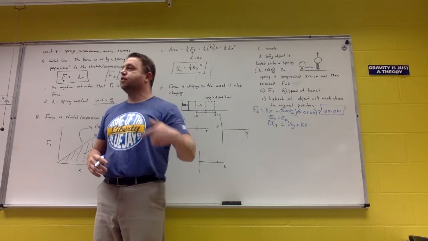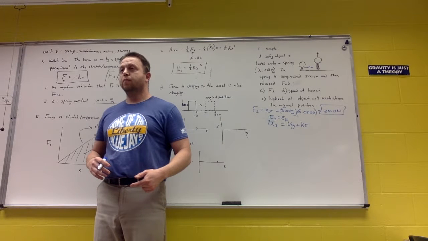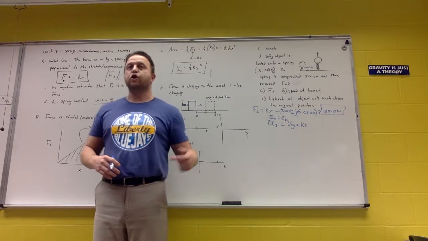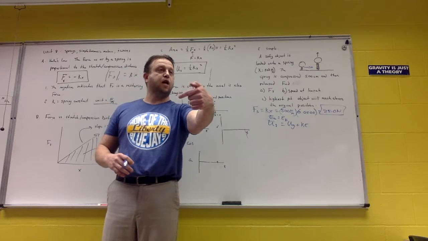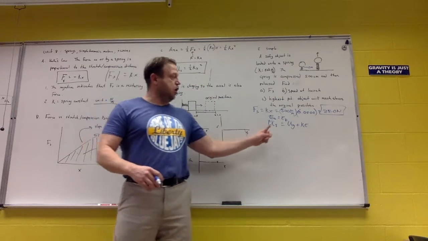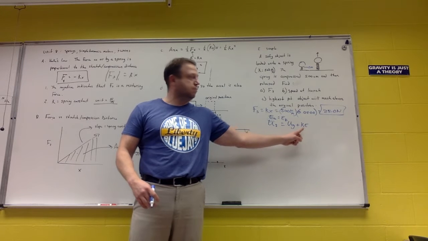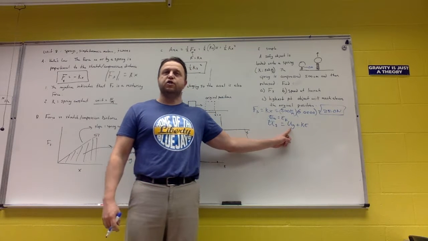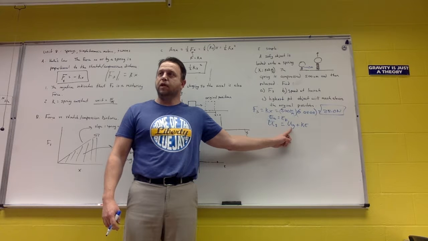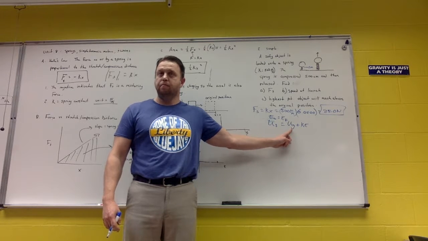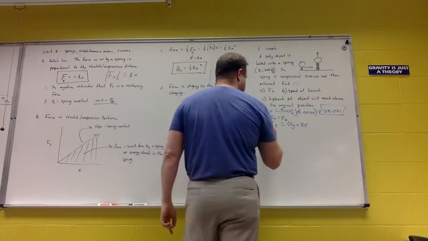Will you be launched at the same speed in those two scenarios? No. You're going to go faster when it's launched horizontally because all of the spring energy is going into your kinetic energy. Whereas going vertical, some of that spring energy is going to the gravitational as well. Okay? All right, so let's finish solving this.